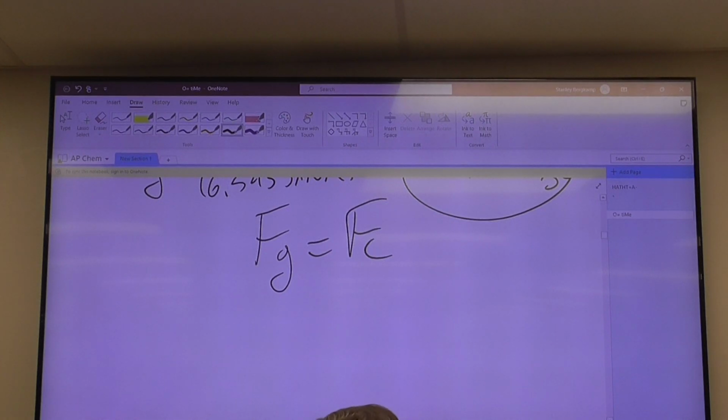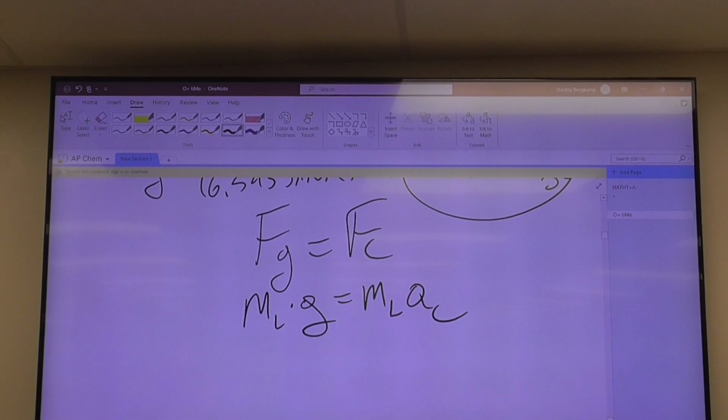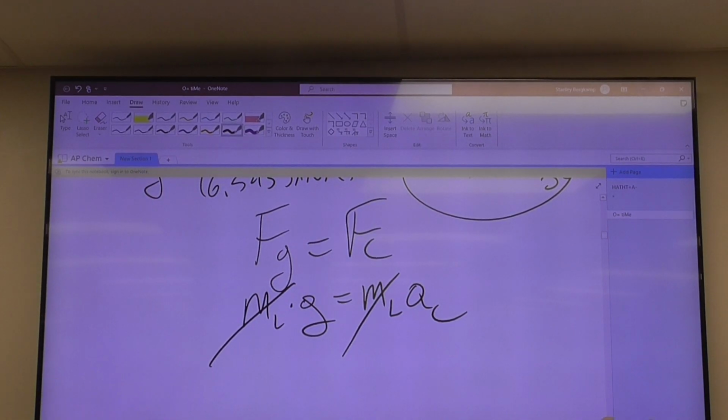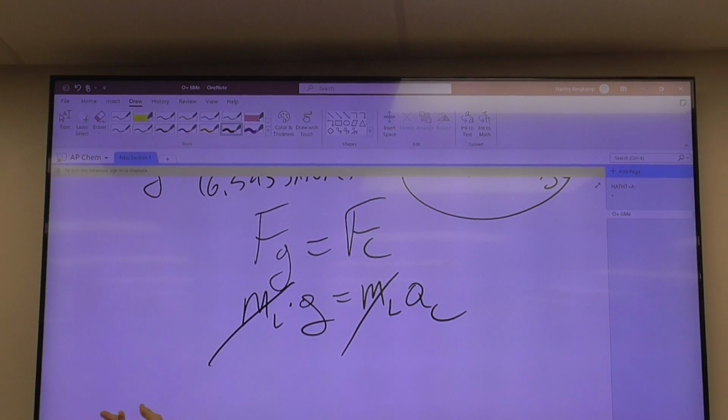So the simplest way to calculate gravitational force is the mass of Luke times g. The simplest way to calculate centripetal force would be the mass of Luke times his centripetal acceleration. No offense, Luke, what's going to happen to you? I go bye-bye. So guess what? Little g equals your centripetal acceleration.